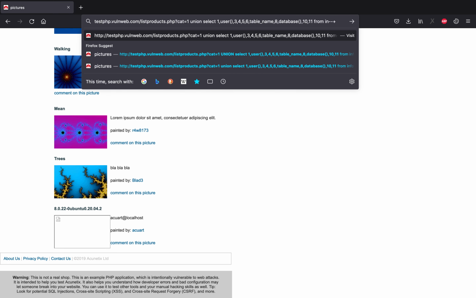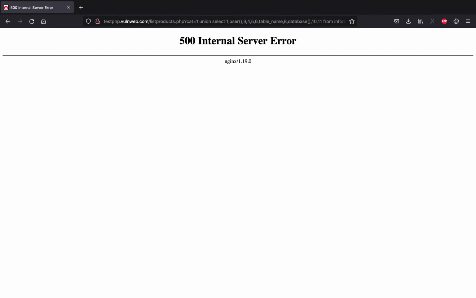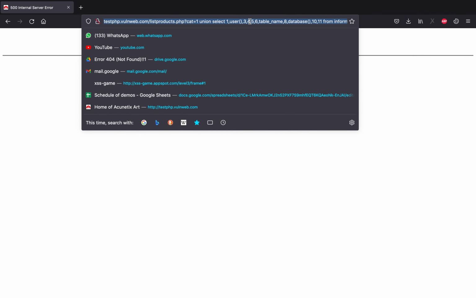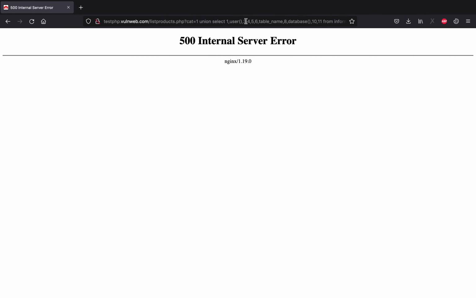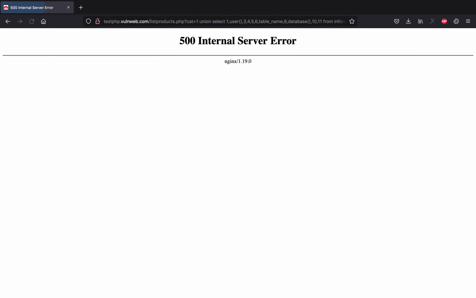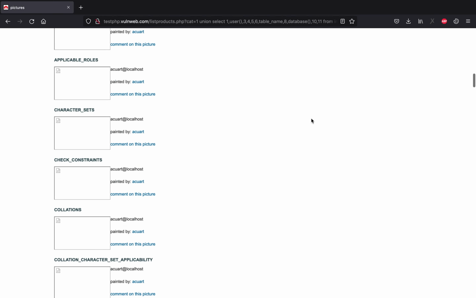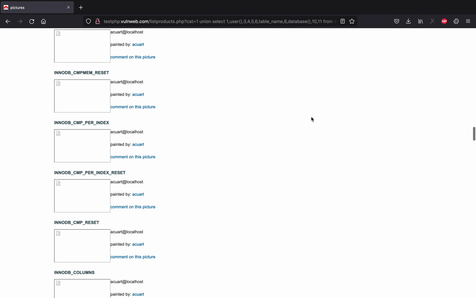So let's try to extract some information about table_name from information_schema.tables. So here we are having all the table names present here.